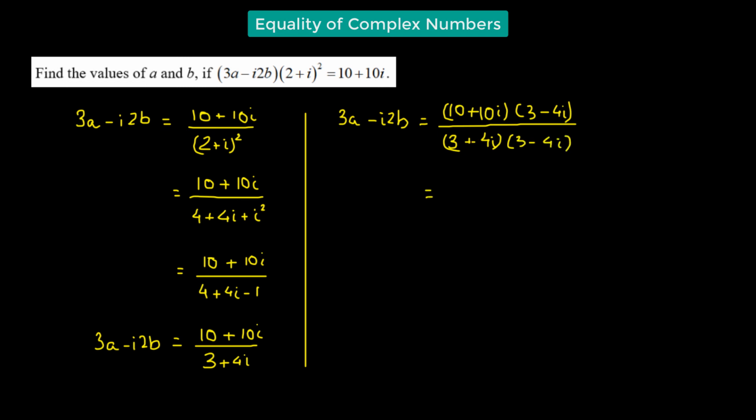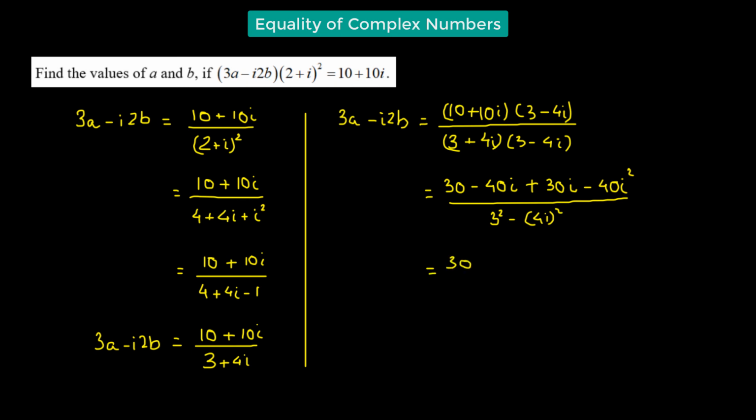Now we multiply the two complex numbers in the numerator, so we have 10 multiplied by 3 minus 4i. So 10 times 3 will be 30, minus 10 times 4 will be 40i. Plus 10i multiplied by 3 minus 4i gives 10i times 3 is 30i, minus 10i times 4i will be 40i squared, divided by 3 squared minus (4i) squared.